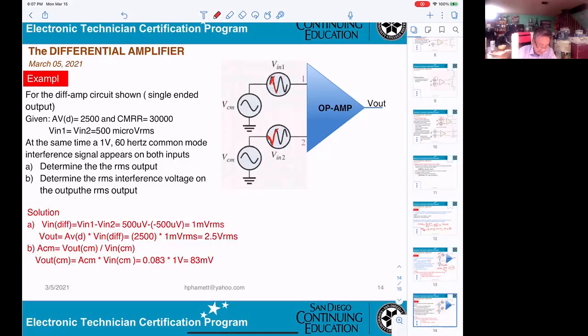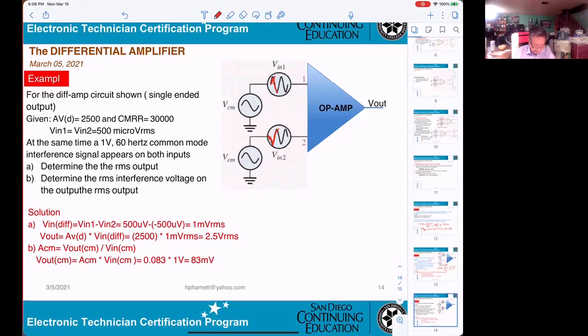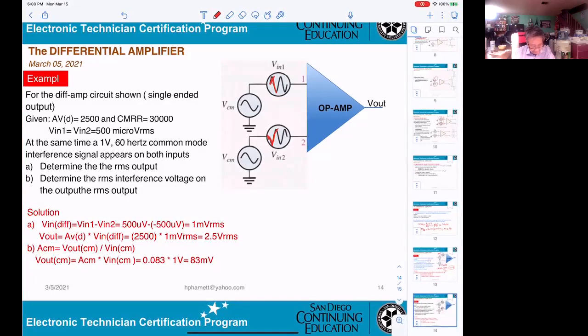So at the same time, 1 V, the same thing on the other one. A 60 Hz common mode interference signal appears on both inputs. They want to know the RMS output, and now V in differential equals V in 1 minus V in 2. V in 1 is 500 microvolt, and V in 2 is opposite, minus 500 microvolt.